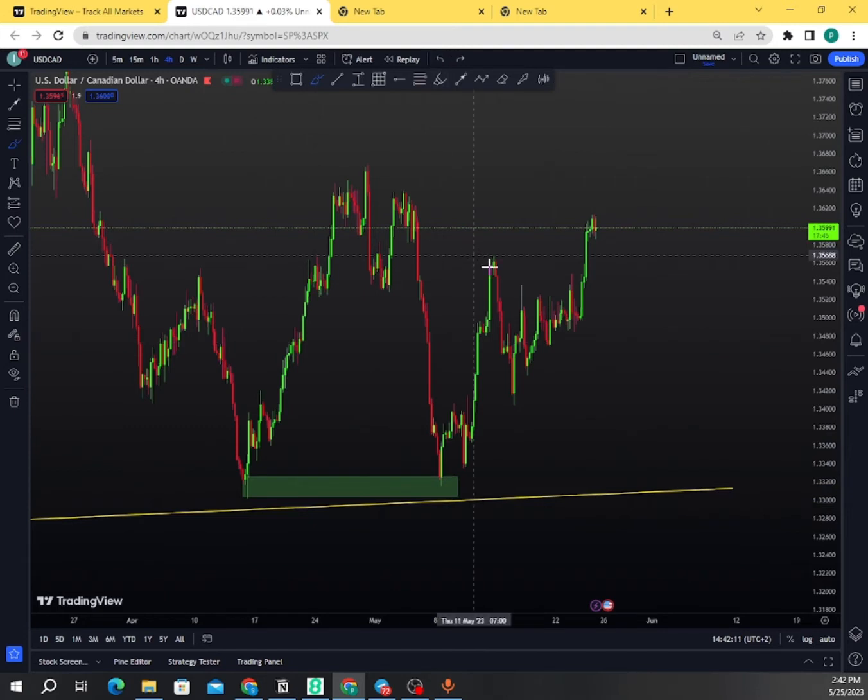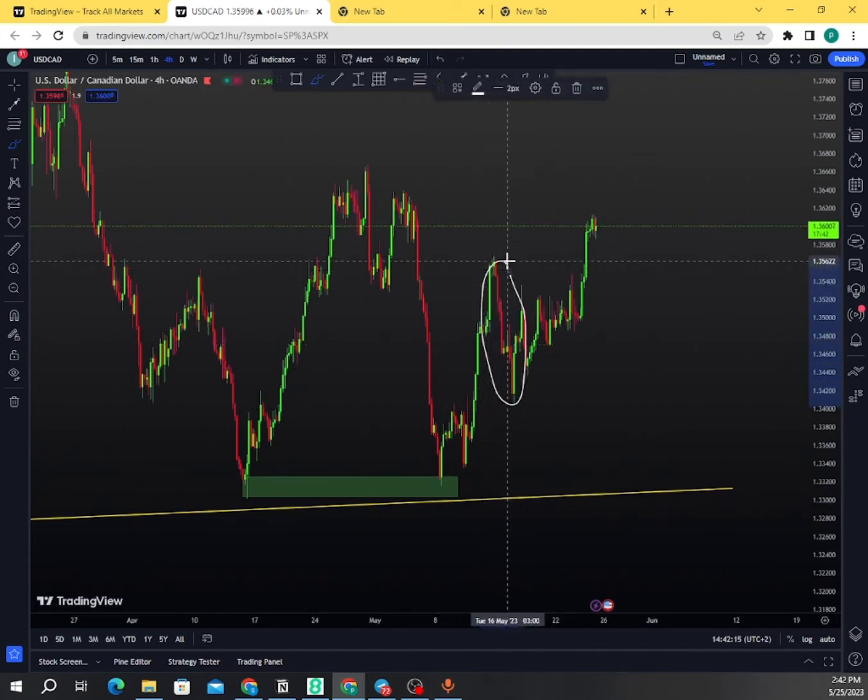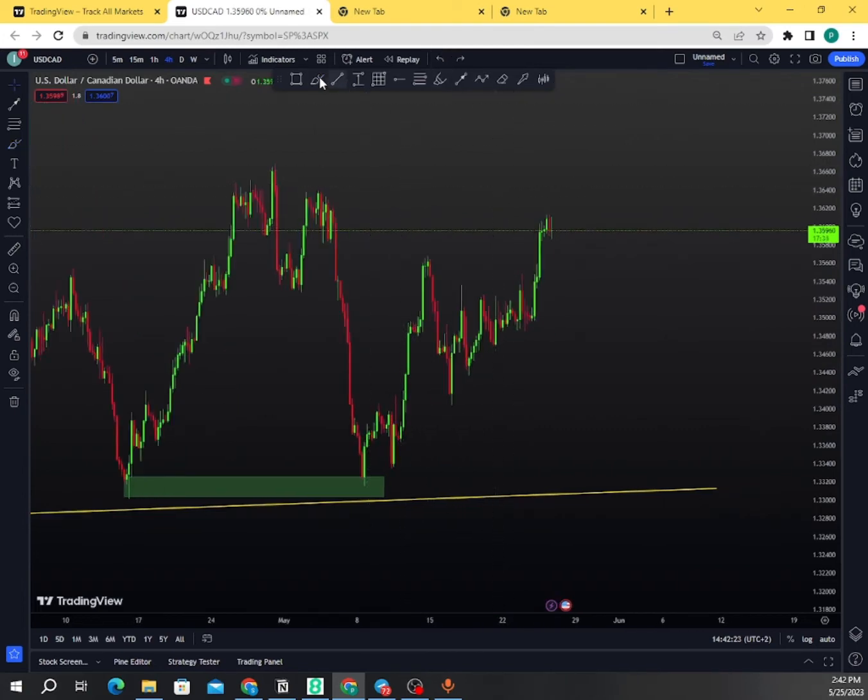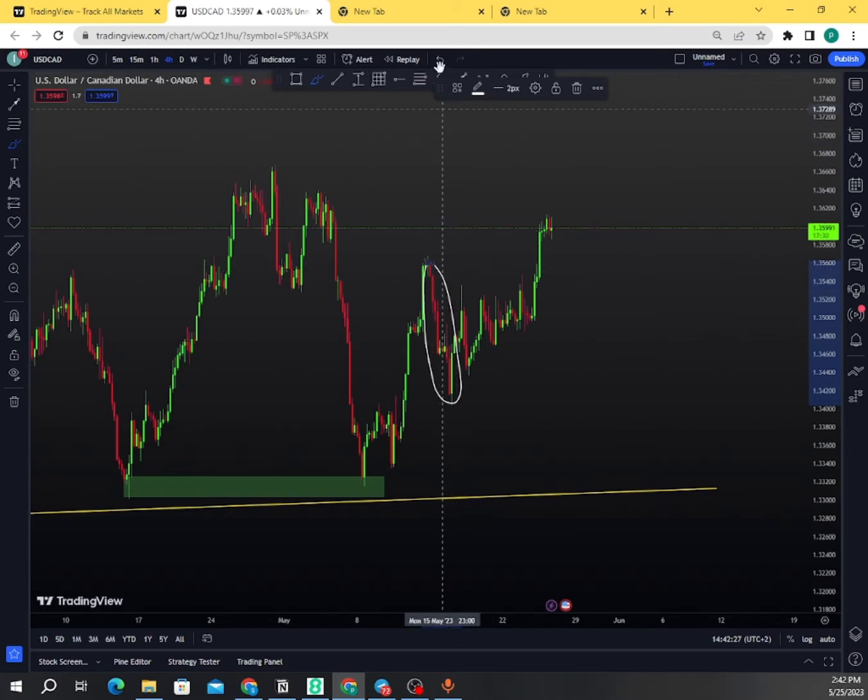So when I see price moving to the downside, I know that it might be a retracement, a pullback for the price to continue going back. And after I saw this nice retracement to the downside, what I did was to measure this retracement using my Fibonacci.